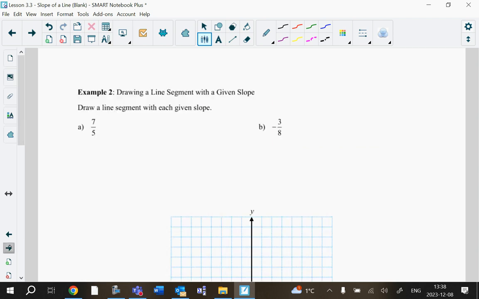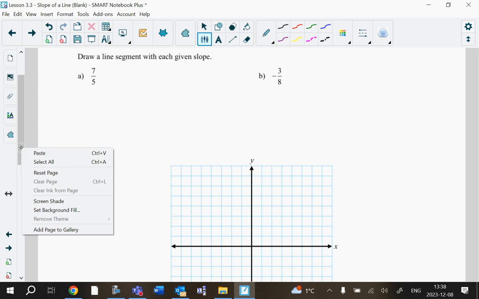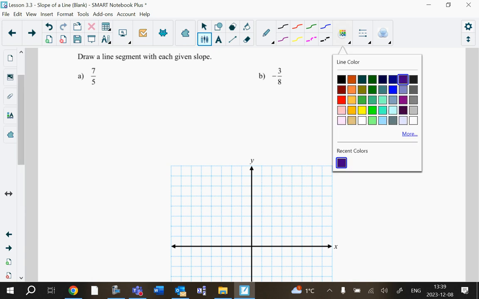Now, try this. You're given the slope, you're asked to draw the line segment. So how would we do that? Well, what does the slope of 7 over 5 mean?